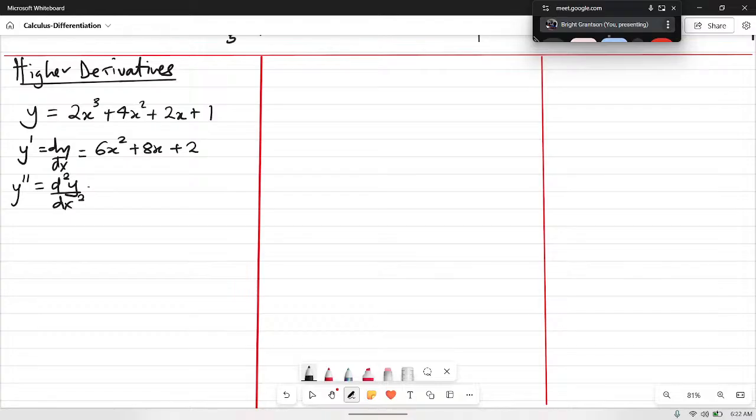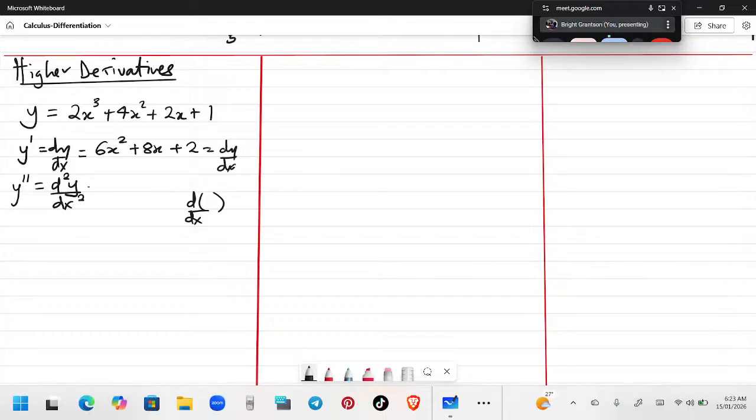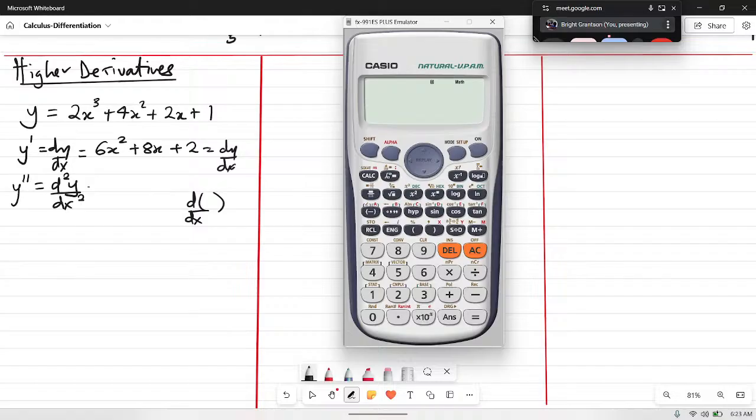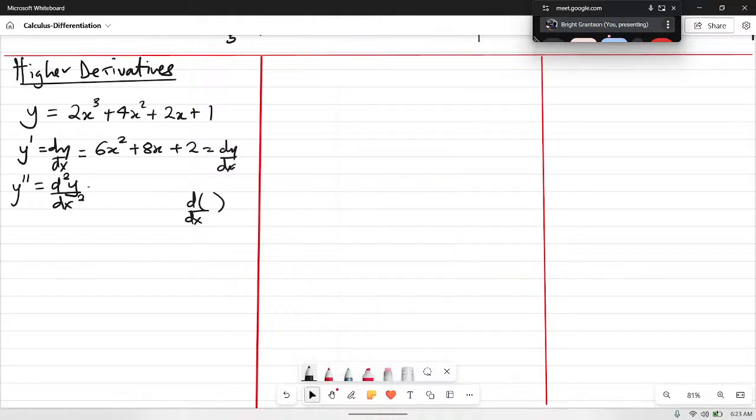The explanation is that this expression can be written as dy/dx. Now we are going to differentiate it. On a calculator, you see the differentiating box d/dx, which is differentiating with respect to x of a certain function. So in this case, if the function is a dy/dx function, what are we doing?